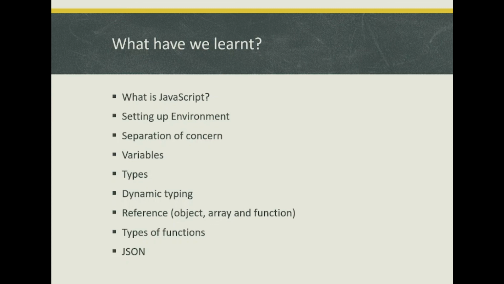We have seen the separation of concerns, how we can use a separate JS file, variables, different types of variables, dynamic typing, where we can change the type inside JavaScript, like a string value can also be changed to an integer. Reference types, we have gone through objects, arrays and functions. We've also seen types of functions, and finally we used JSON separately as well as inside JavaScript.